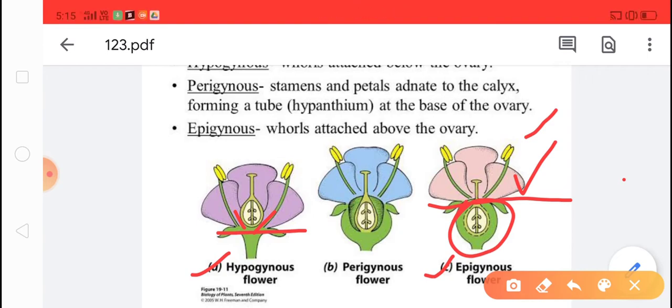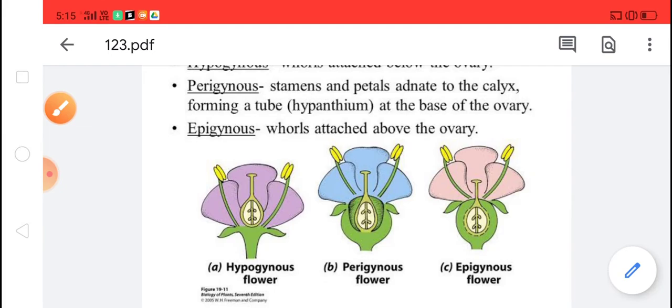In some flowers, sepals, petals and ovary are present on the same level. One more time. When sepals and petals grow above the ovary, such arrangement is called an epigynous flower.